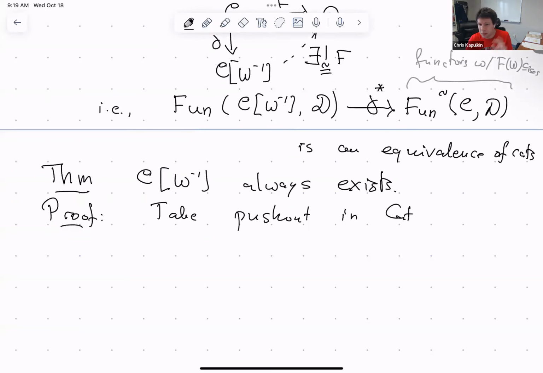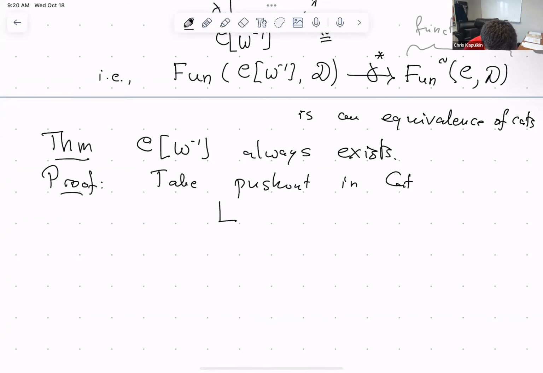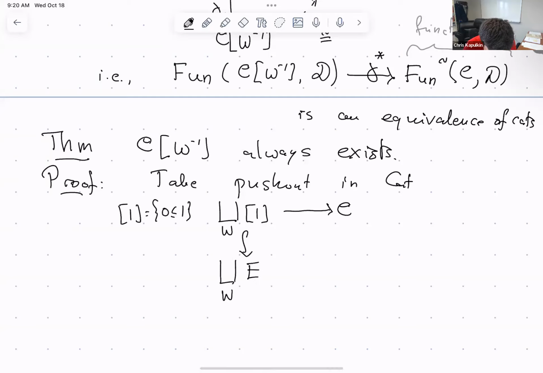So here, of course, you have to be careful, right? Like small, large, but it's a very simple push out. So you have your weak equivalences, and weak equivalences sit inside of C via this coproduct. Here, 1 is my poset with 0 less than or equal to 1, and this embeds into what I would call E1, and E1 now is no longer a poset, it's a preorder.